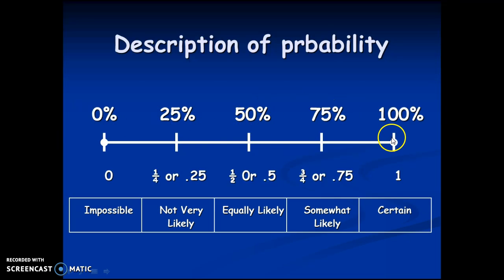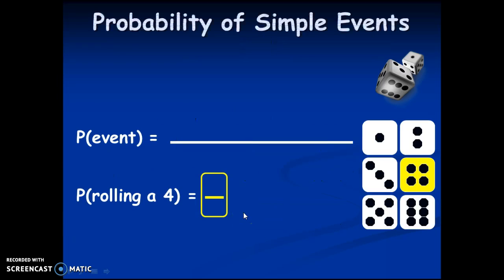If your ratio is 1, we say that is certain. If it falls somewhere in the middle, we say not very likely the closer to 0 it is, somewhat likely the closer to 1 it is, and if it's in the middle, or 50% or 0.5, we say it's equally likely.